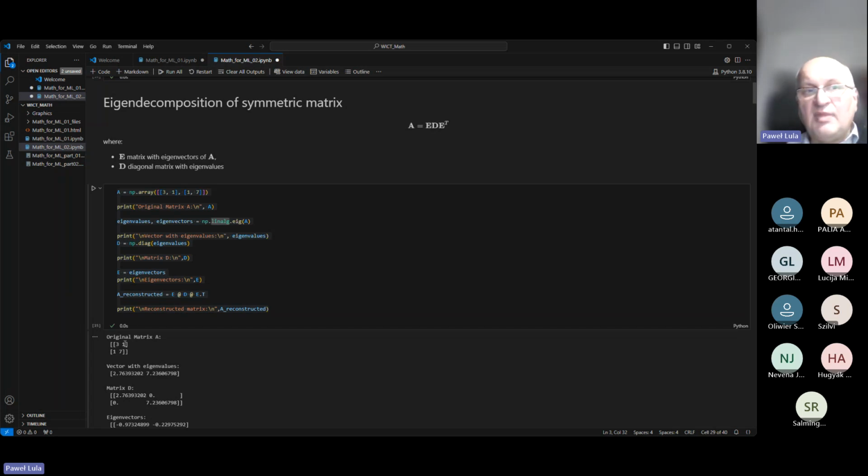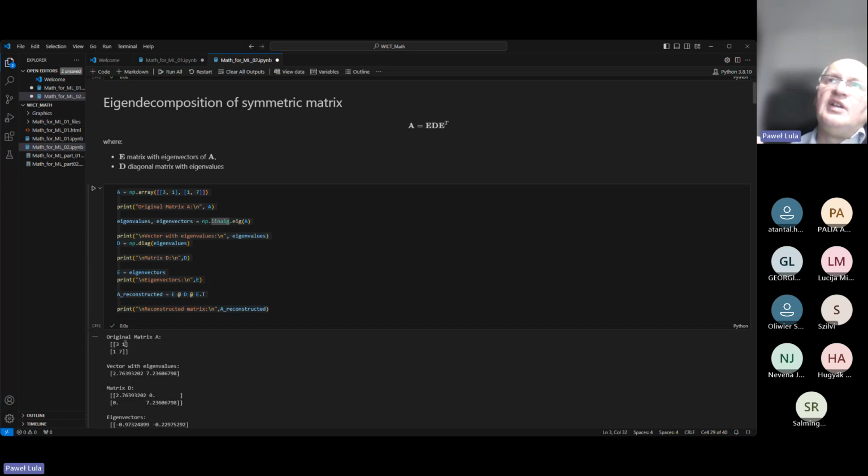It is a very small matrix, but we can see here this concept of symmetric matrices. So we are talking only about the decomposition of this type of matrices.